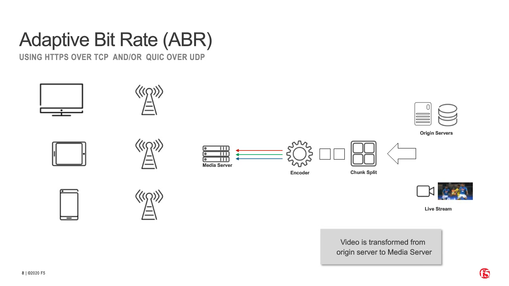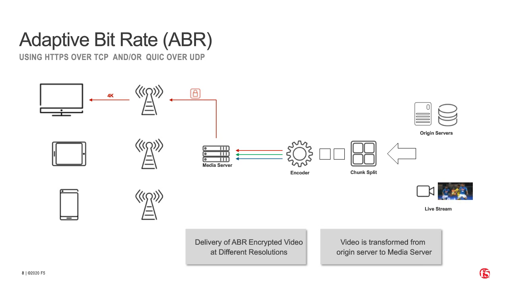Once the media server has the content, it is delivered to the client, and the client will ask for specific content at a specific resolution. So there will be a client maybe with a big screen which is requesting the content at 4K. There will be a client with an intermediate screen, for example, that is asking for the content at full HD, so 1080p, or a client asking for the content at 720p.